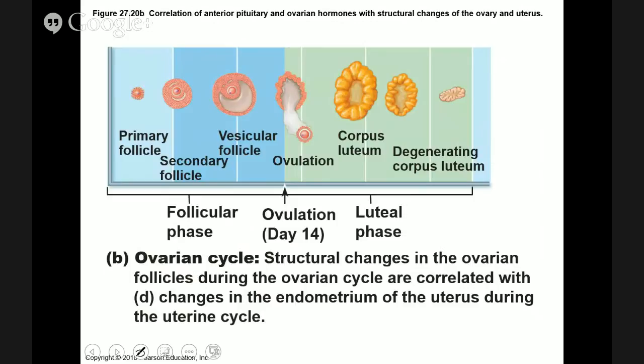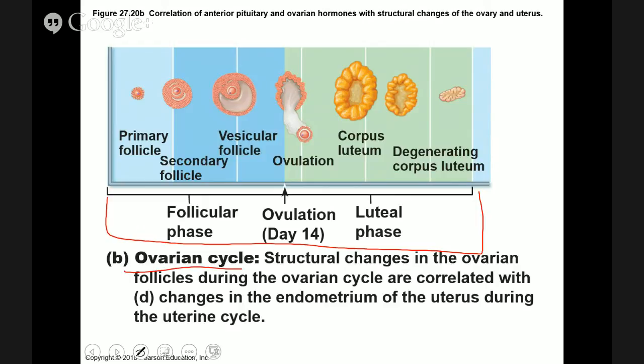So when we take these events of the female reproductive cycle, or what's happening with the egg or the follicle, we can put it on a calendar, and this is what we get. We get about 28 days, which we call the ovarian cycle.